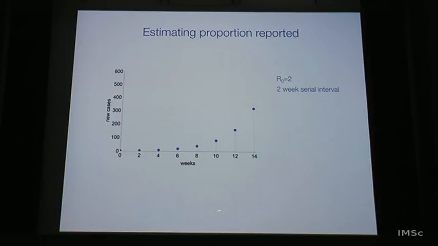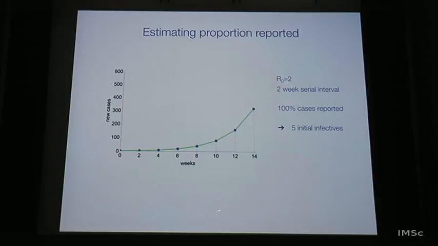So that means that every 2 weeks you double the number of new cases. Well, if you assume that 100% of the cases are reported, you will indeed find an R0 equal to 2. And you will estimate that at the beginning you have 5 initial infected.